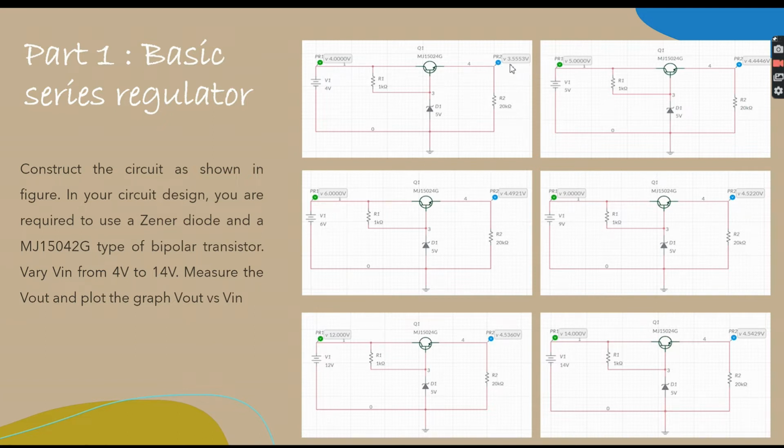So I get 3.5553 volts for Vin 4 volts. The question needs from 4 volts to 14 volts, so I do 5 volts, 6, 9, 12, 14 and the others.